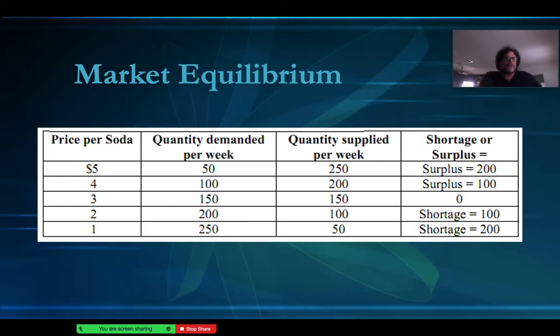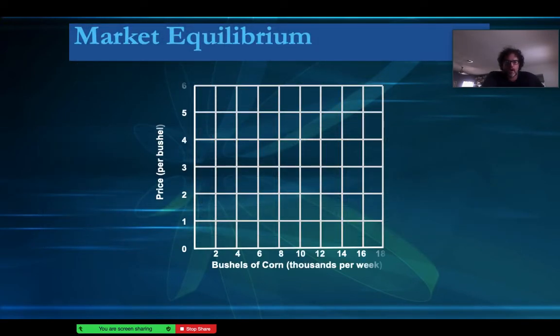And again, the graphs are really important. There's a thing they say in economics that a picture is worth 1,000 words, a graph is worth 1,000 words, right? Your graphs will tell you so much. Okay, so here you see on the y-axis, the vertical axis, price, and along the horizontal axis, the x-axis, you have the quantity, bushels of corn.